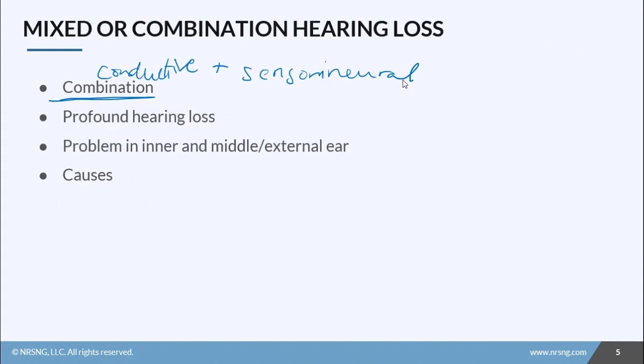These patients will have a problem in not only the inner ear, but also the middle and external ear. A cause of this could be an elderly patient who has a sensorineural hearing loss at baseline, who just develops a new ear infection or has cerumen impaction. So both of the types of hearing loss are occurring at the same time.